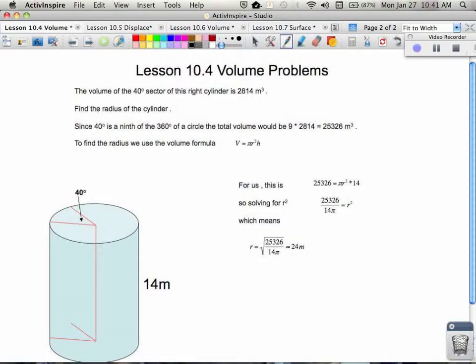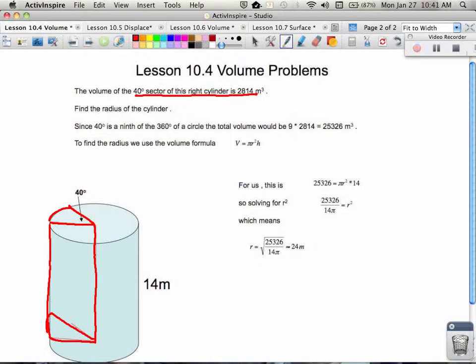So what they're talking about is this volume right here that I'm outlining in red. It's like a chunk out of the cylinder.